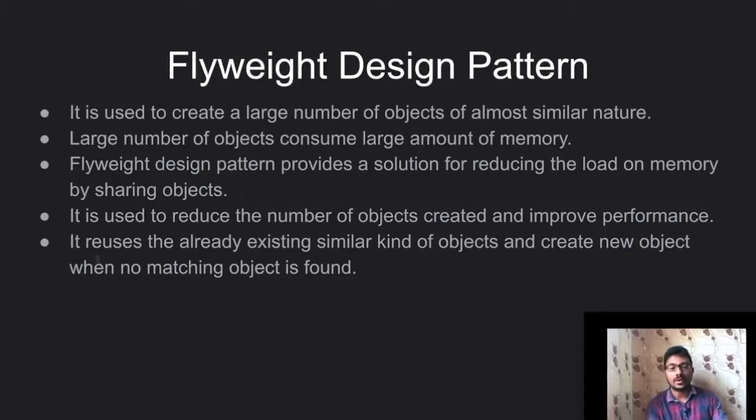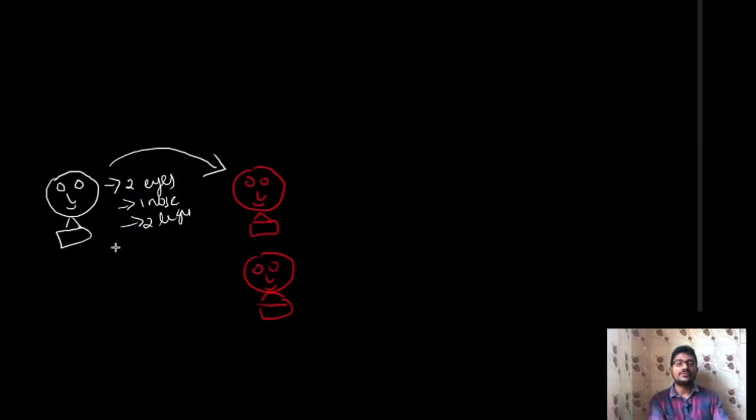So that's the point. It reuses the already existing similar kind of objects and creates a new object when no object is found. If a new Angry Bird of different dimensions is required at runtime, for example, an Angry Bird with 2 eyes, 1 nose and 1 leg, and we don't have any objects of this kind, then this pattern suggests to create a new object if it doesn't exist in the cache.